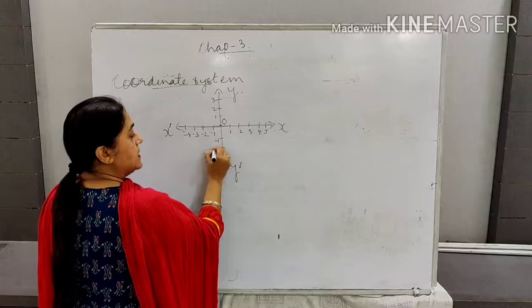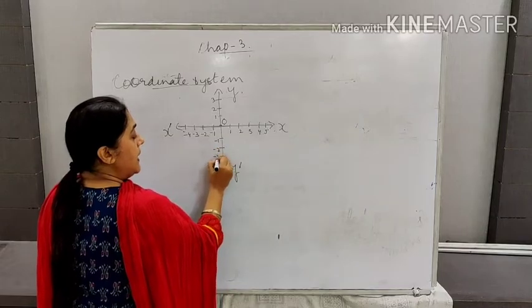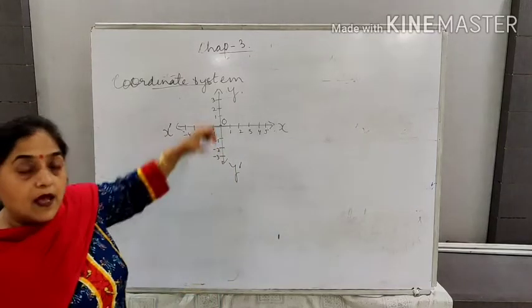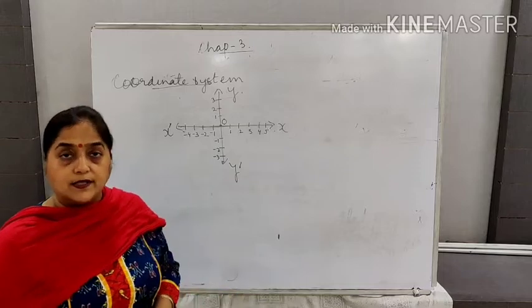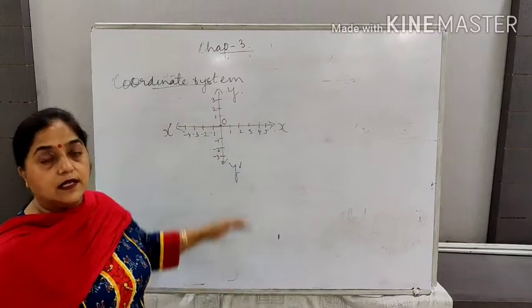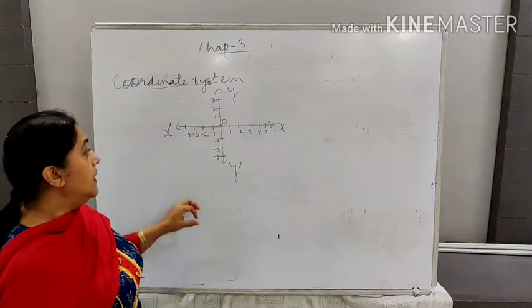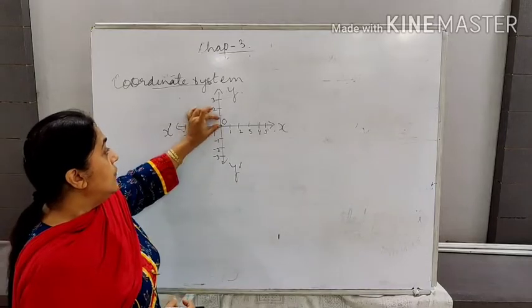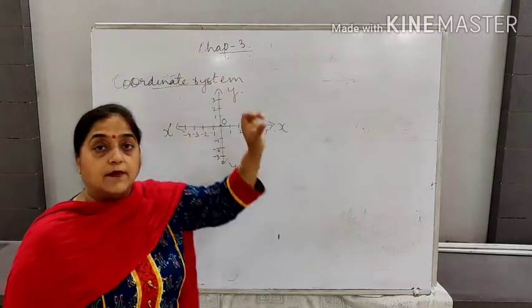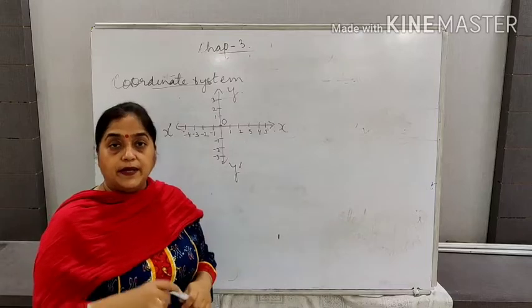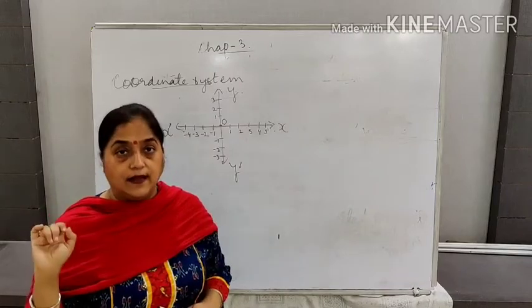Similarly, I have -1, -2, -3 and so on. Here also I can make infinite number of points by extending these two lines, keeping in mind that the difference between them remains the same. That is on the graph paper itself, those green lines.